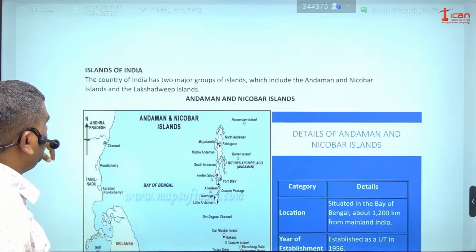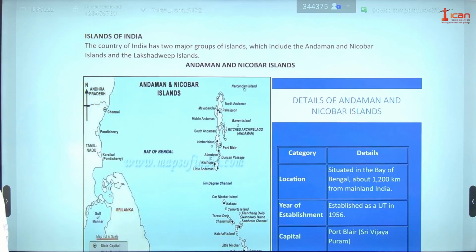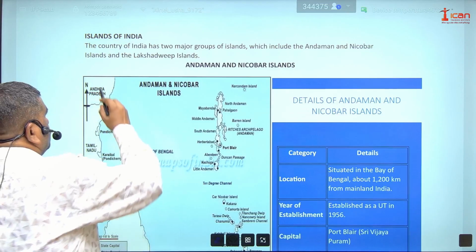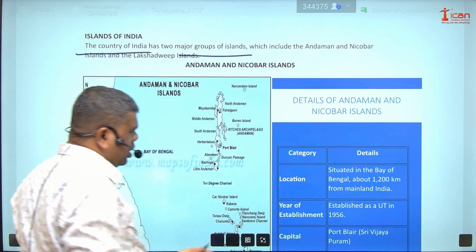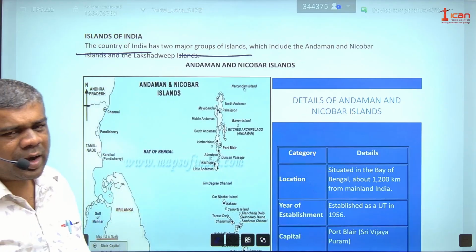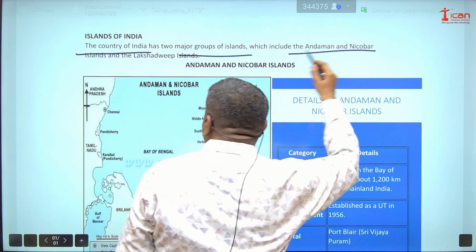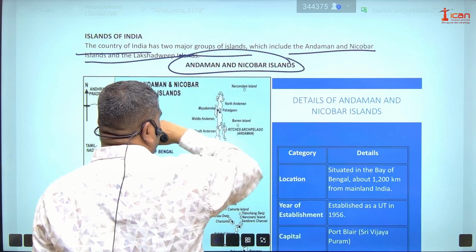Now we will look at the islands of India. So what are the major islands in India? The country of India has two major groups of islands. What are those? They are the Andaman and Nicobar Islands to the east and the Lakshadweep Islands to the west. So we will have a look at the Andaman and Nicobar Islands.